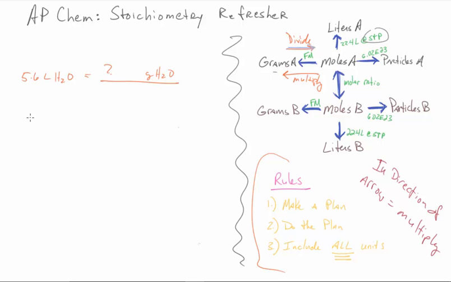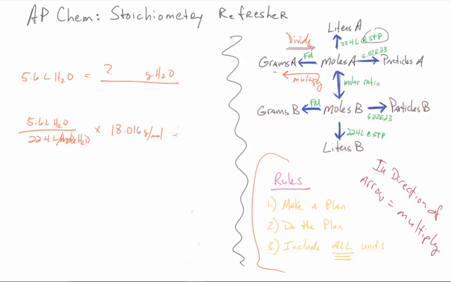All right, and so I'm going to do 5.6 liters of H2O. I'm going to divide that by 22.4 liters, or liters per mole of H2O, and then I'm going to multiply by the formula mass, which is 18.016 grams per mole here.